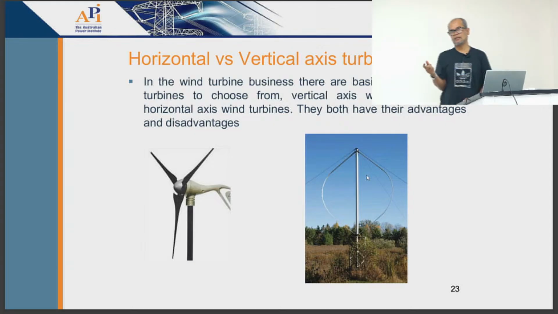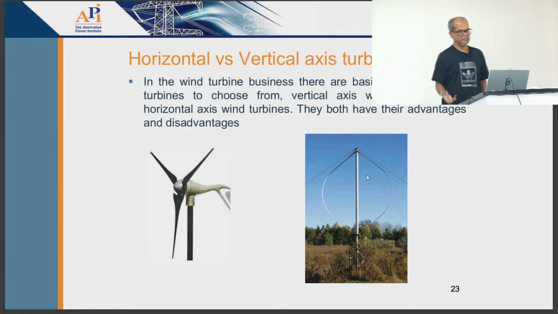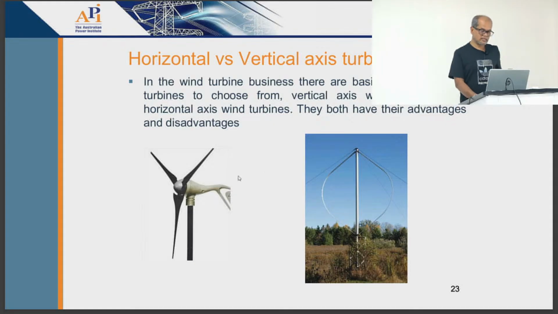Some of the shapes, you will not even understand that this is a wind turbine. It looks like a toy, it's rotating, it looks quite fancy, but at the same time it produces electricity as well. But most of the commercial ones are horizontal, so they rotate horizontally, and they have bigger capacity. The small ones are mostly in the kilowatt range, but this is in the megawatt range.